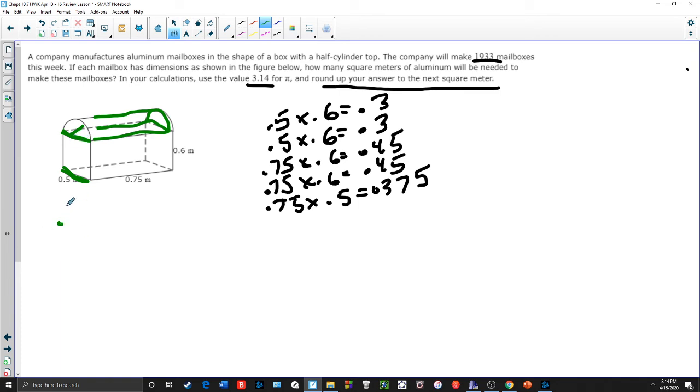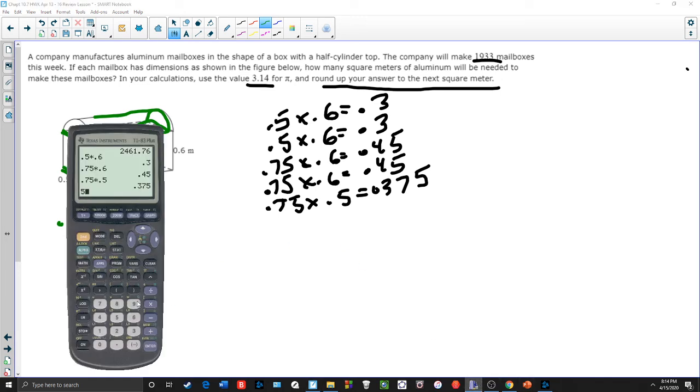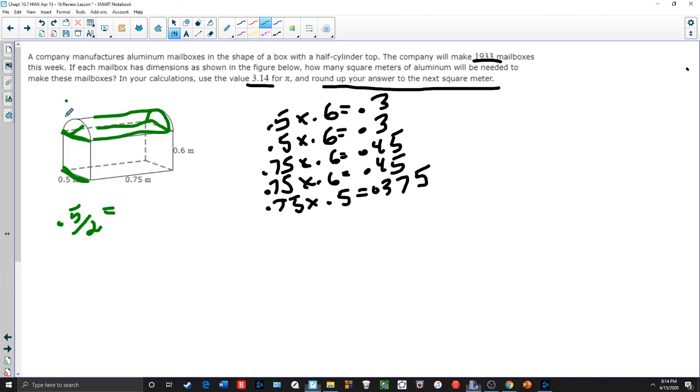So 0.5 divided by 2 gives us 0.25. So that is my R, the radius of my half cylinder.